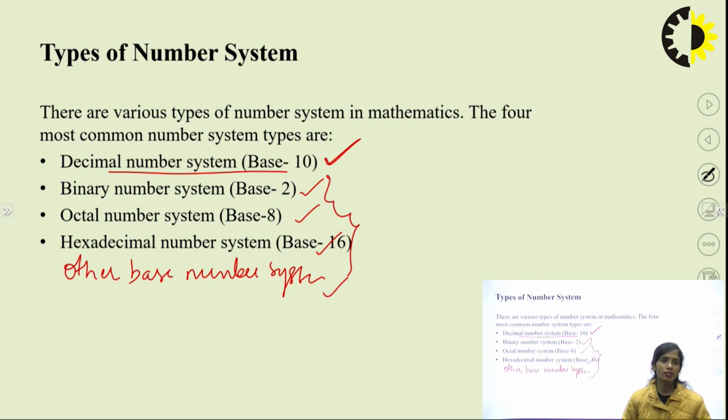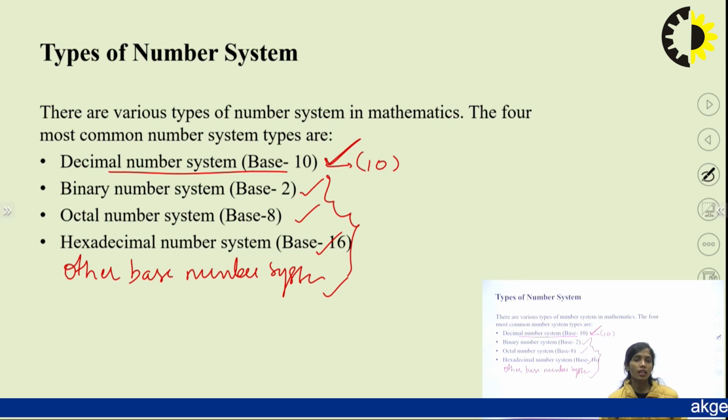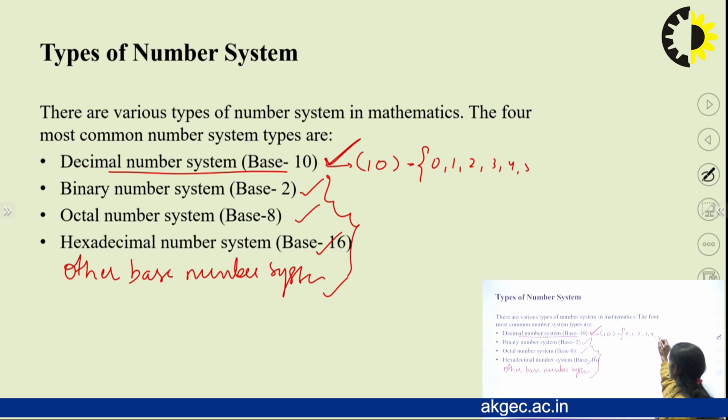What does this other base number system represent? We know that the decimal number system has base 10. Base 10 represents the number of digits allowed in that number system. The digits allowed are 0, 1, 2, 3, 4, 5, 6, 7, 8, 9.